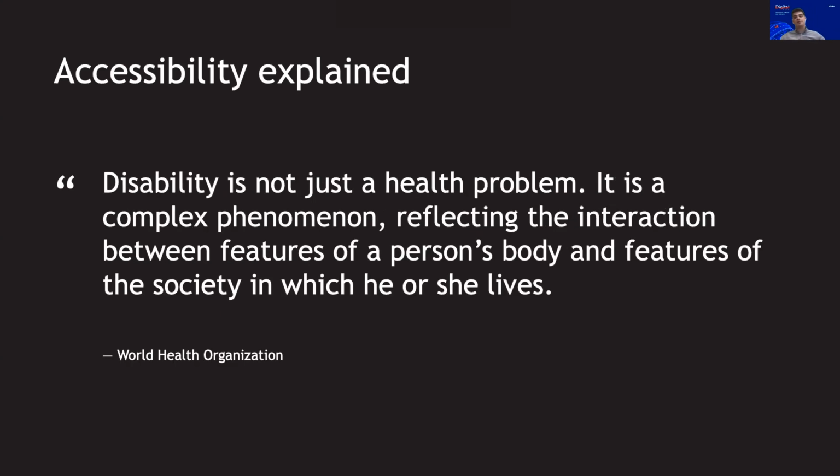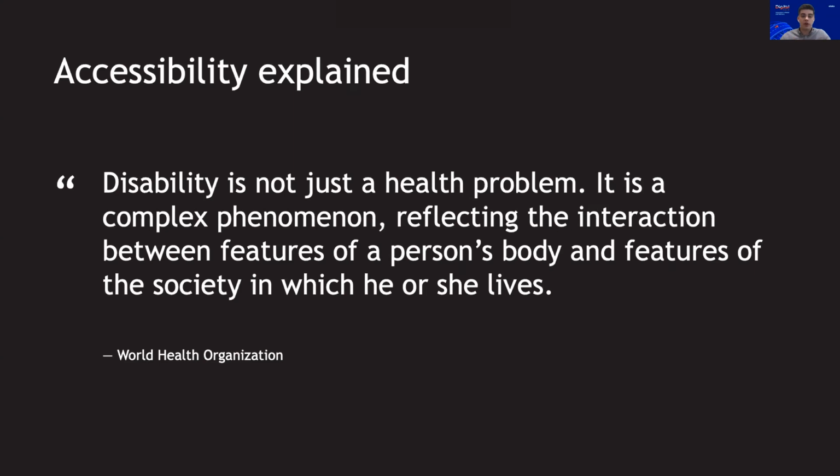When we design and develop a product, we often create and evaluate our ideas based on what we know. But here is a problem. If we use our own abilities as a baseline, we make things that are easier for some people to use, but difficult for everyone else. And quite often we get disability wrong as only a health problem.